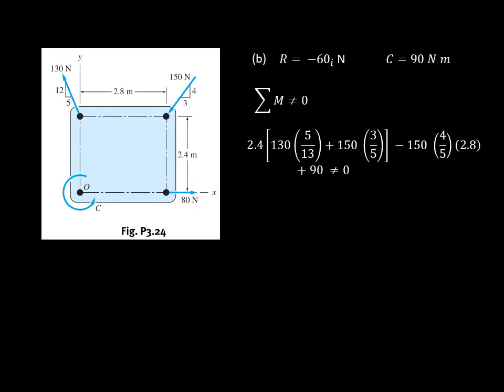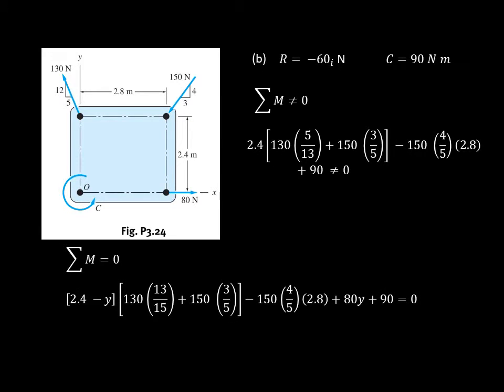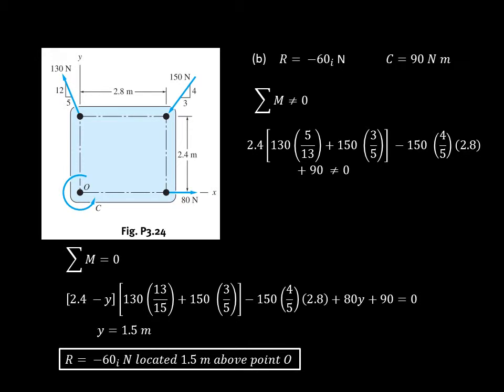We can only change the location of the resultant along the y-axis. With that assumption, we will be able to get this equation and solve for its new location on the y-axis, which is 1.5 meters above point O.